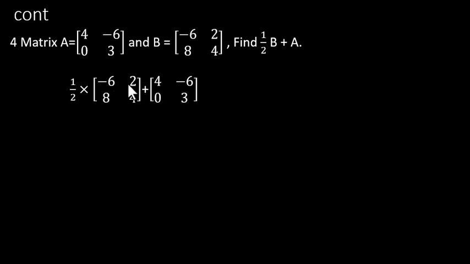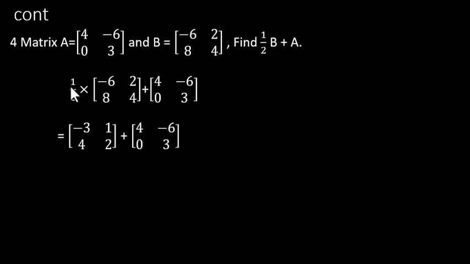When we multiply half by negative 6, we get negative 3. Half multiplied by 2 gives us 1.